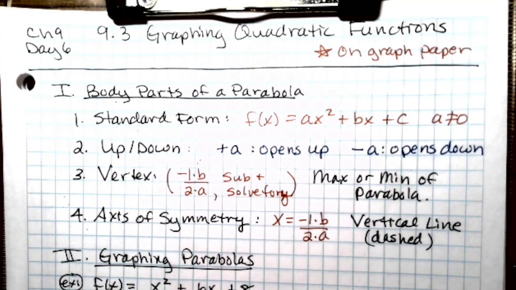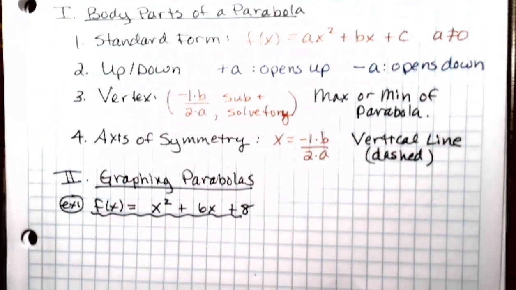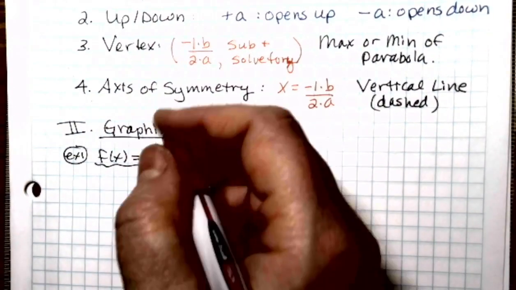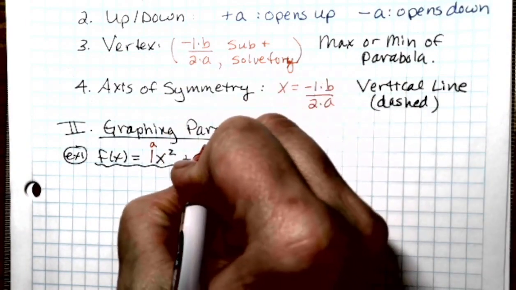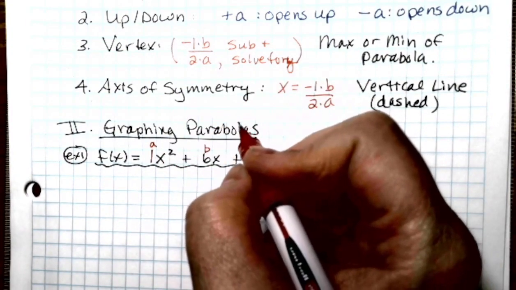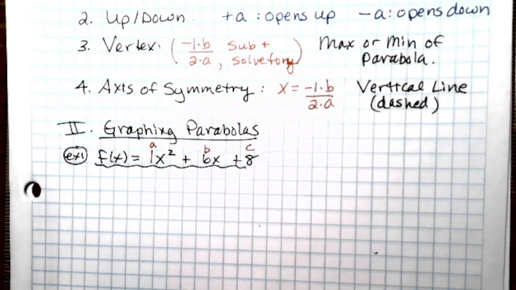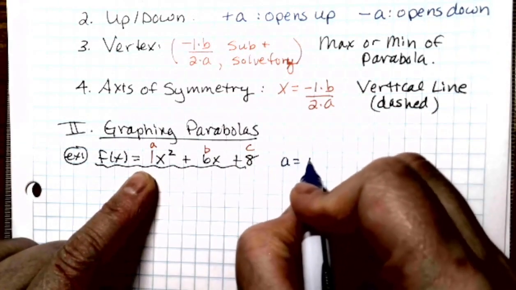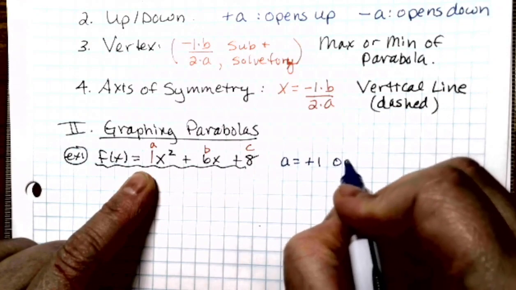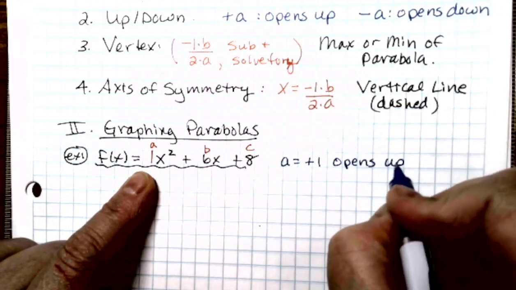All right, so just like when we do ABC factoring, the a term is the invisible 1 on the x squared, the b term is the 6, and the c term is the 8. Now in this equation, my a is a positive 1, so I know that my parabola opens upward.